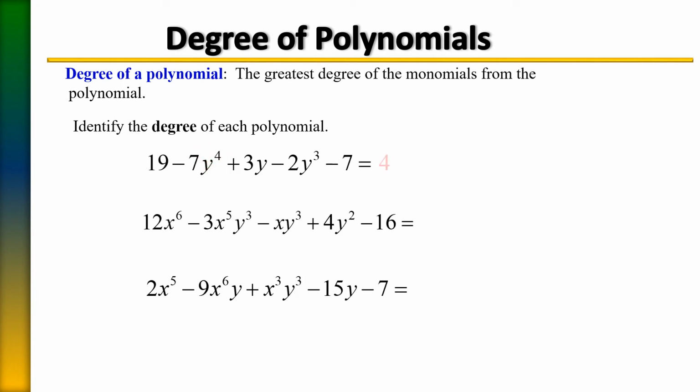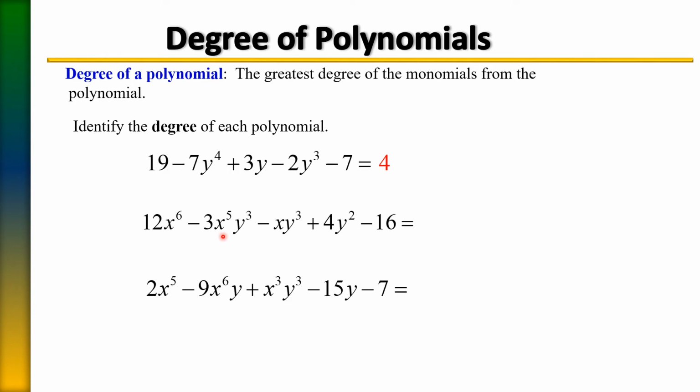And that is the degree of your polynomial. Okay? Let's find out what is the degree of the polynomial. For this second example, we need to look at all the degrees. So let's go. The first term has a degree of 6. What is the degree of the second term?